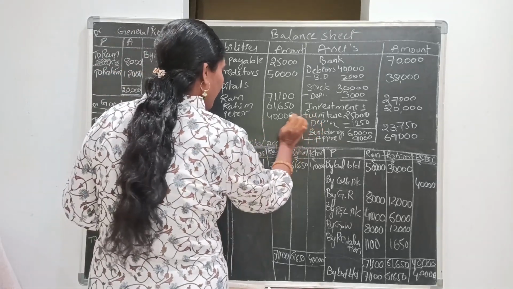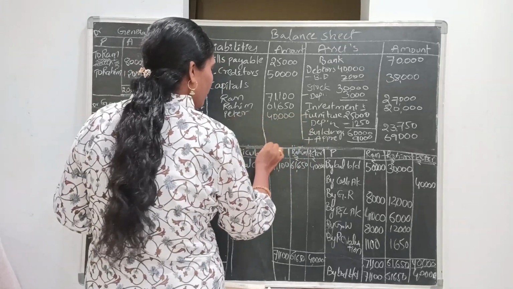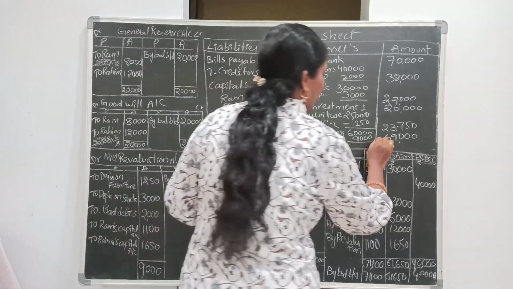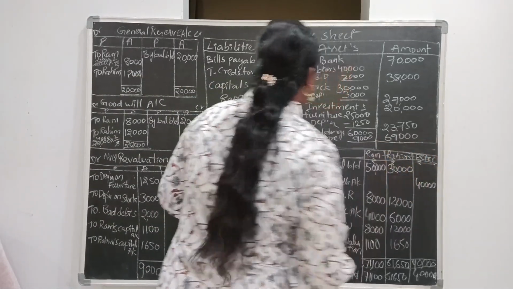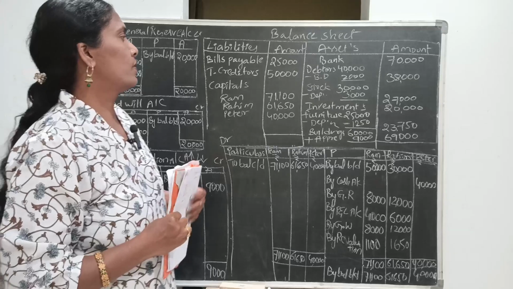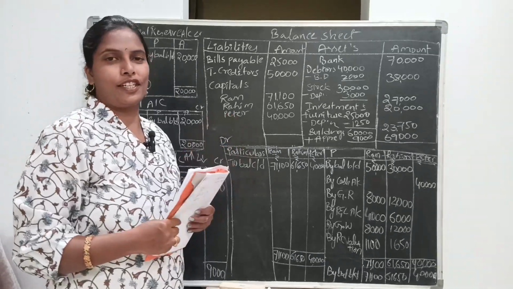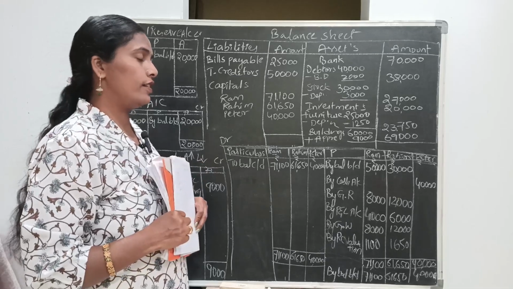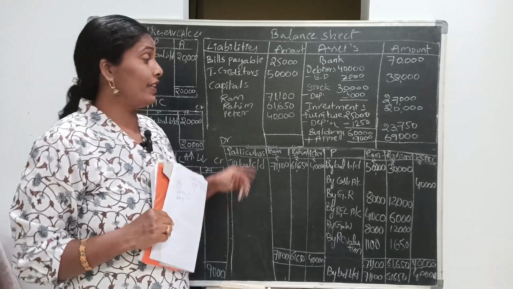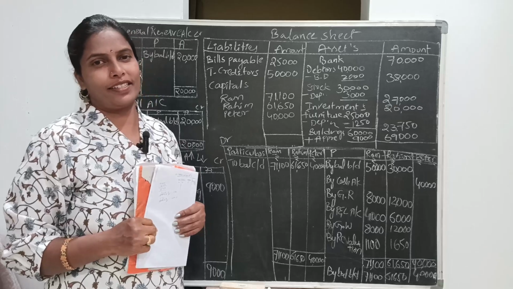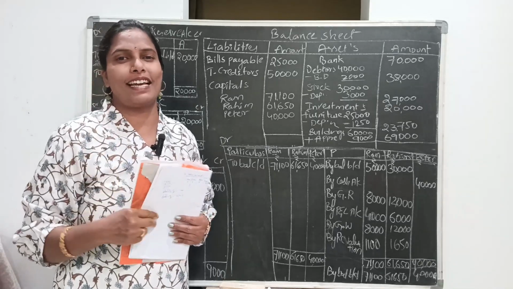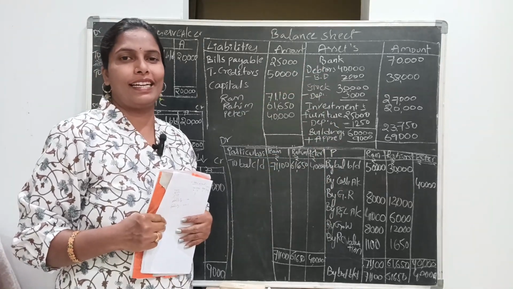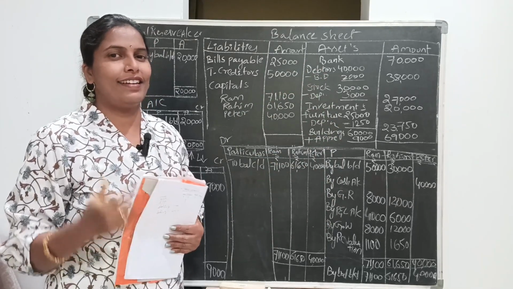There is no space, so I will make the totals here. So this is the balance sheet. I have posted all the transactions. So let us see whether it gets tallied or not. I'll give 2 minutes. Make a total of these two, liabilities and assets, and answer me.